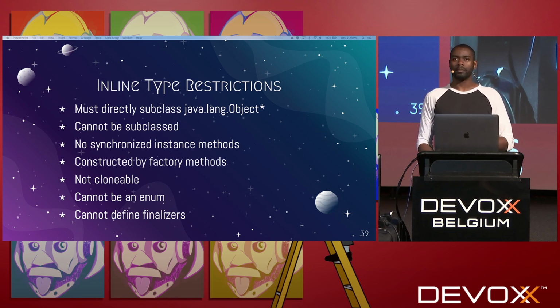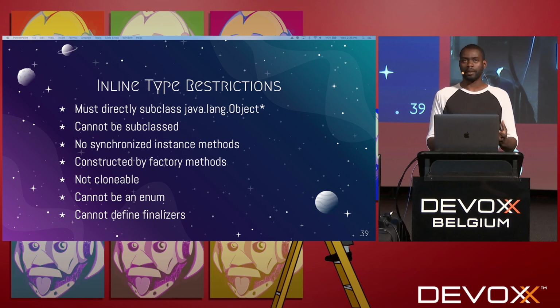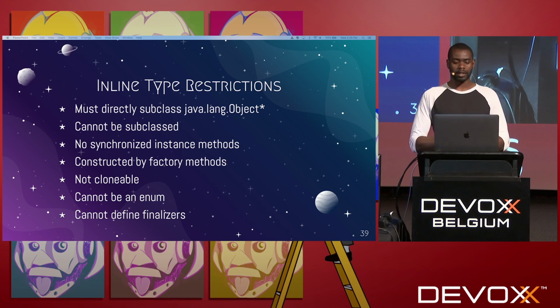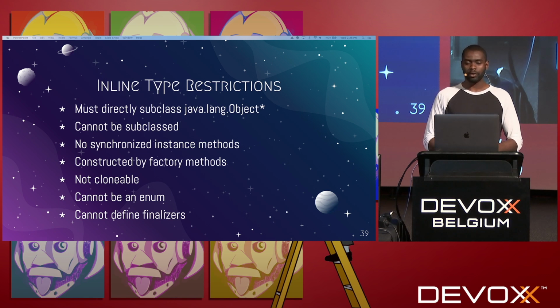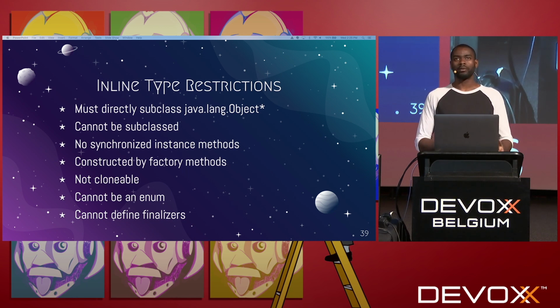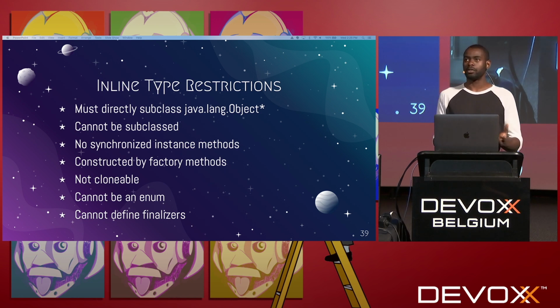They don't implement Cloneable because for an identityless type, there is really no point in cloning it. They can't be enums, since enums contain identity and enums are mutable. And similarly, they can't define finalizers. Finalization is a mechanism related to identity. Finalizers run when an instance dies, but inline types don't have identity, so they don't die. So for this reason, you can't define finalizers.